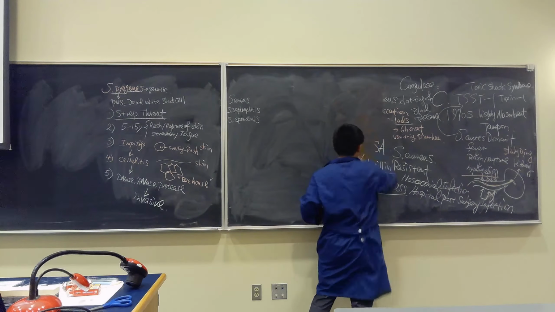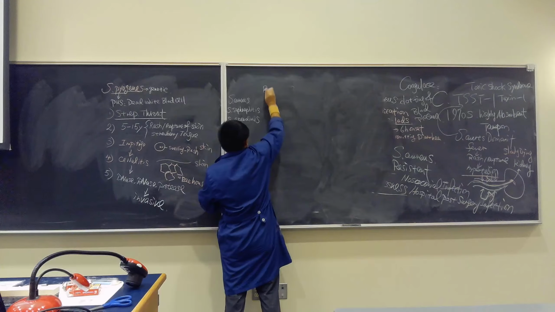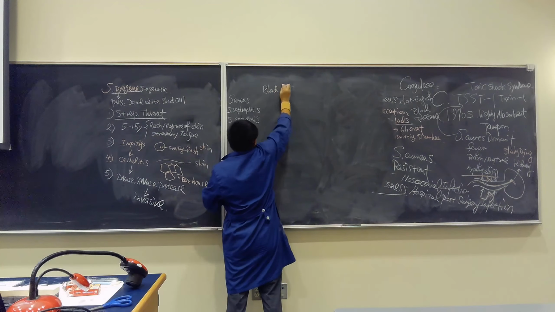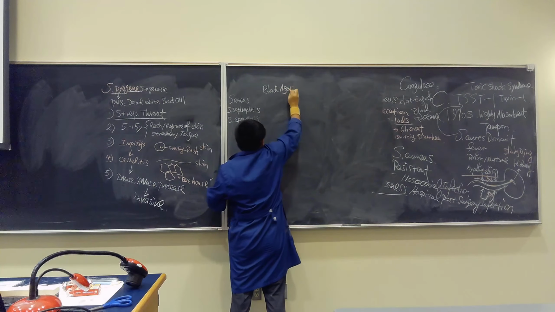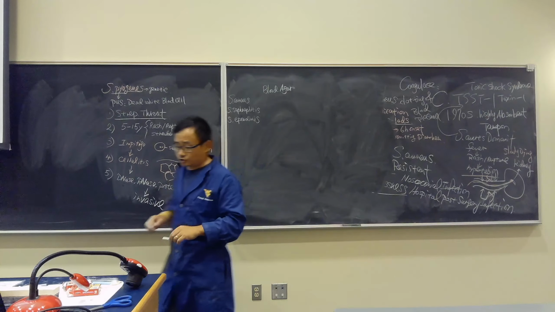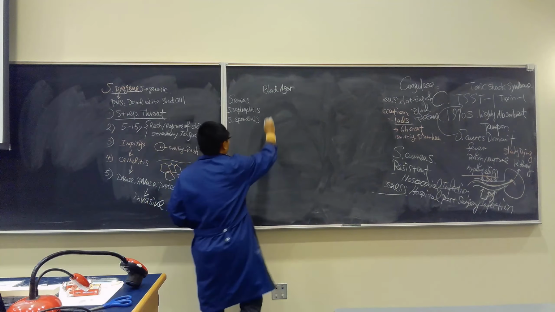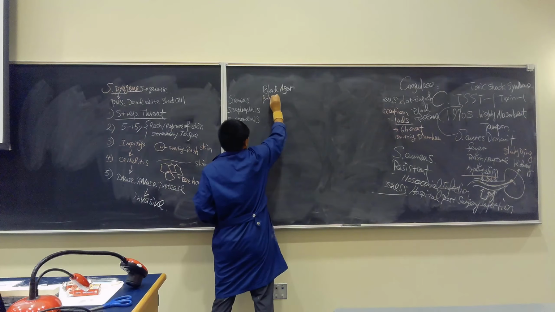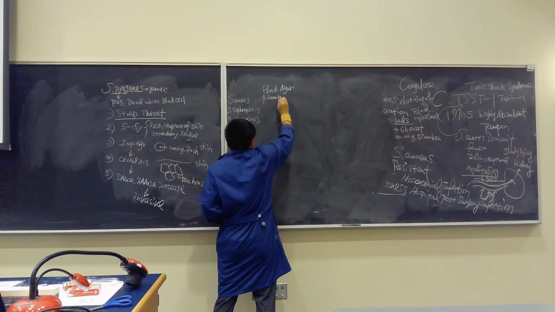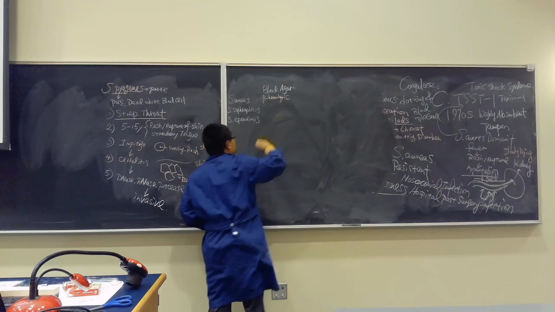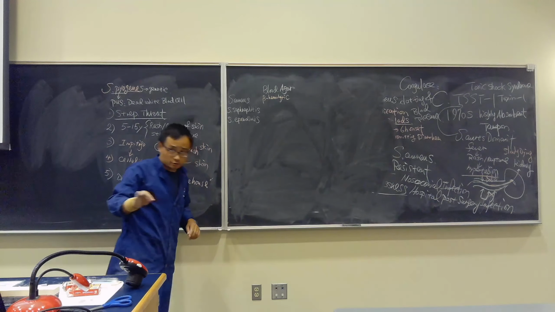So what are they? First of all, we use blood agar. On the blood agar, Staphylococcus aureus is beta hemolytic, which means a transparent zone, and you will see it next week in the lab.